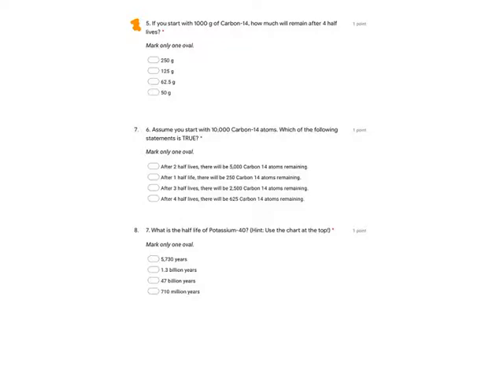If you start with 1,000 grams of carbon-14, how much would remain after 4 half-lives? Awesome. So we're given the original quantity, 1,000 grams, and we're going to divide this out by 2 a couple of times to see how much remains. So that's how much remains after 1 half-life.